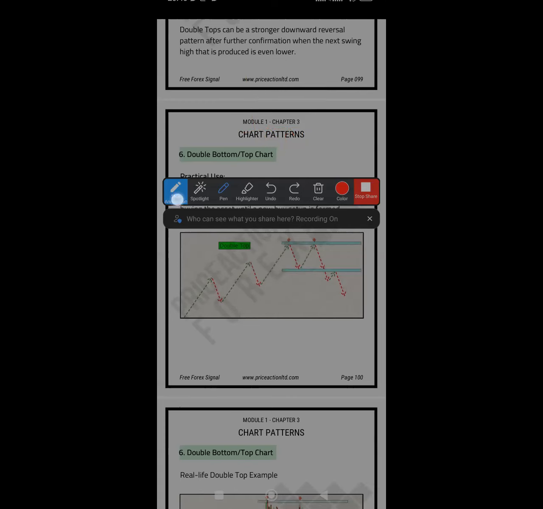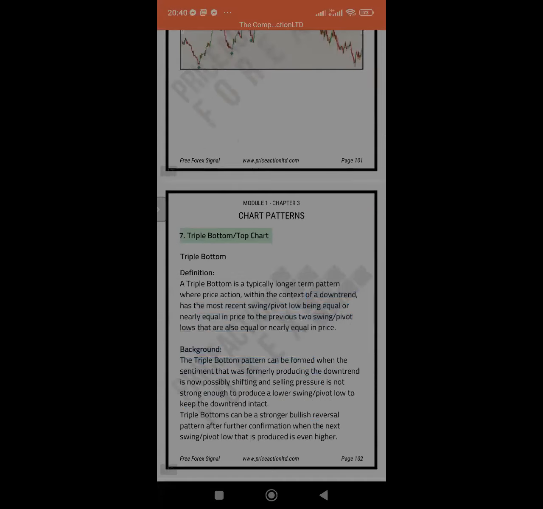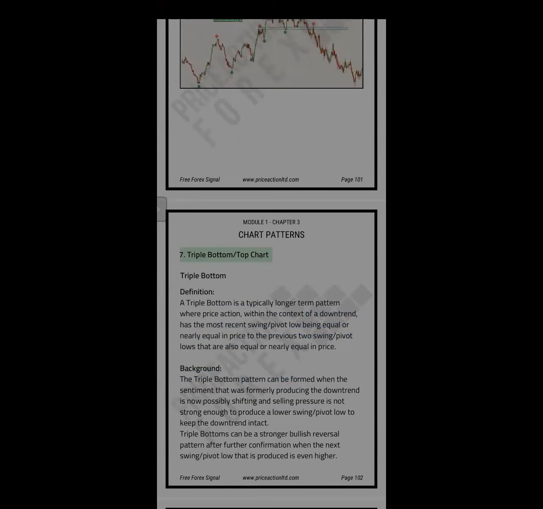Let's read that. Our theory. A triple bottom is typically a longer term pattern where price action within the context of a downtrend has the most recent swing pivot low being equal or nearly equal in price to the previous two swing lows.